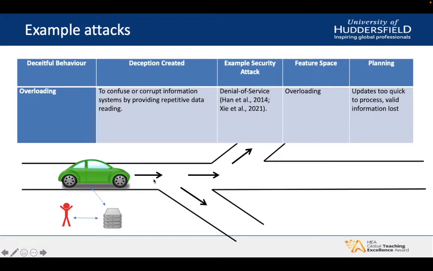Once again, back to vehicle routing, we've got some choices to make, but because of the volume of information coming into the planning system, overloading it, we can't provide the vehicle with a valid plan at all, which leaves them to choose by themselves, which could be problematic. These are very easy attacks to launch, denial of service.